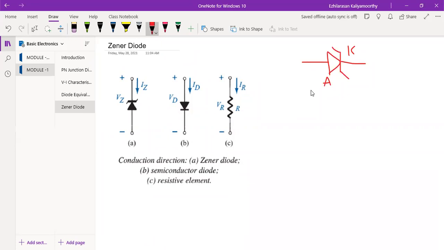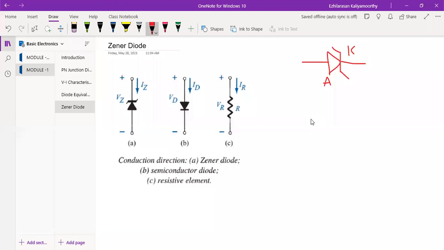But when the cathode becomes more positive than the anode, as soon as the reverse voltage reaches a predetermined value, the Zener diode begins to conduct in the reverse direction. So the very important thing here is that the Zener diode conducts in the reverse bias only.